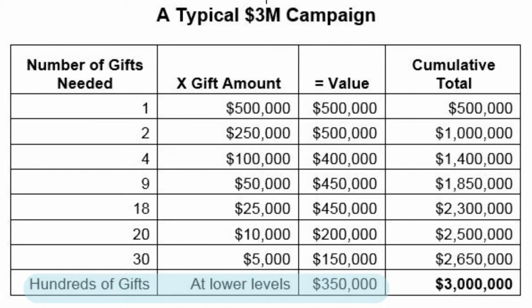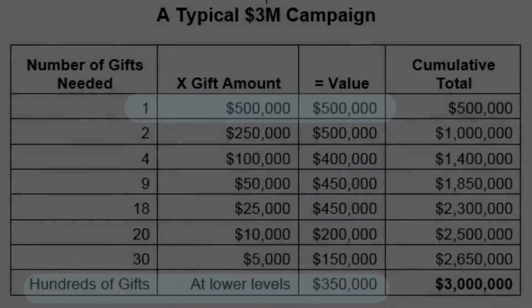In other words, if you close 1,000 gifts averaging $350, you'd have an additional $350,000. But those 1,000 gifts are still less than the single gift at the very top. Let that math sink in for a minute. Nearly 2/3 of the $3 million comes from 16 households.